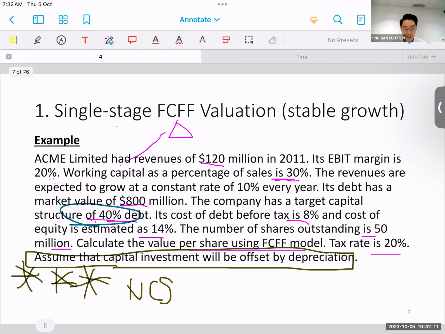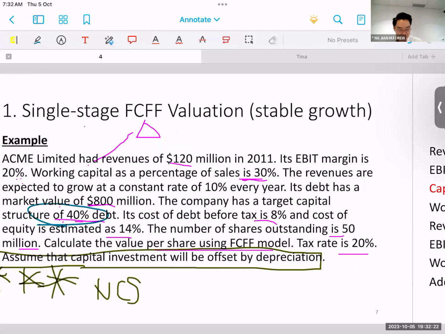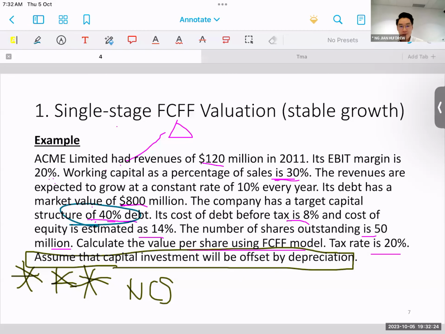So let's look at the question. Anyone know or don't know? You don't know also, I can explain. Yeah, okay, it's constant, but how come we didn't multiply the top value?